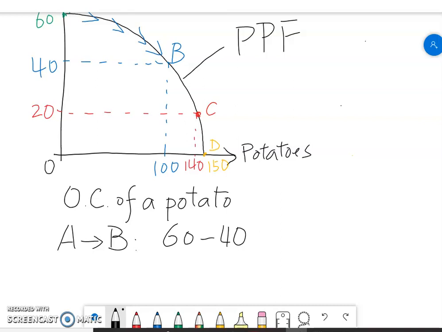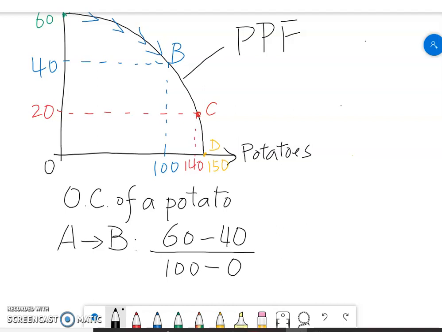But this is not really the opportunity cost of a potato, because during this process from A to B, the economy gains 100 potatoes. So to be able to find the opportunity cost of a potato, we need to use 60 minus 40 divided by 100. Or let me write it this way, 100 minus 0.